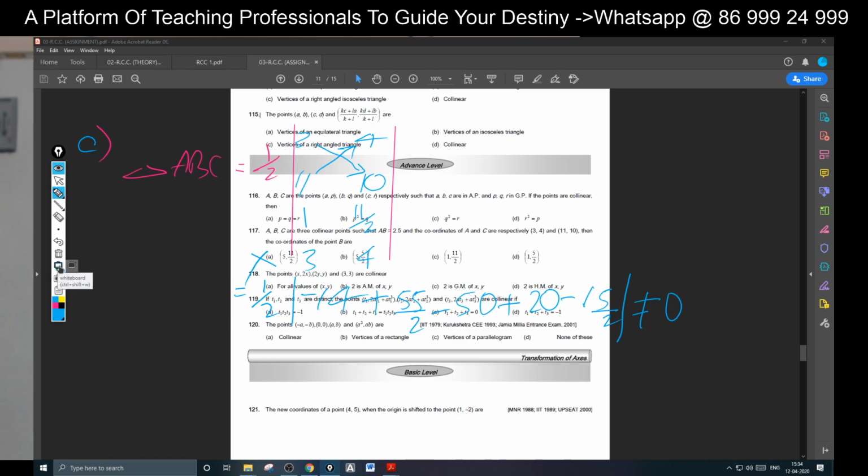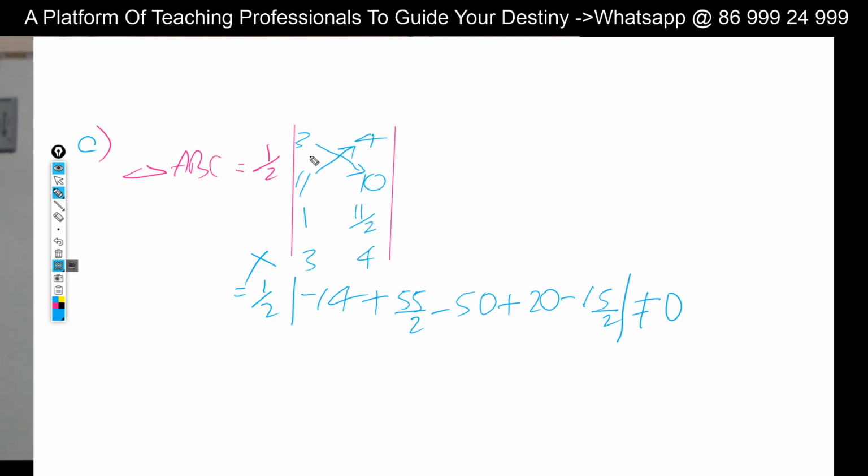So (1, 11 by 2), if it is there, then 30 minus 44, minus 14, is the same. It is 121 by 2, that won't change. Like the first one, you got it for 121. Minus 10 is this, and it is 4.